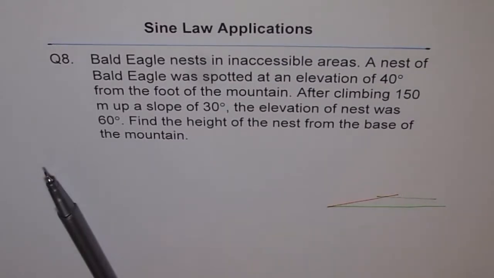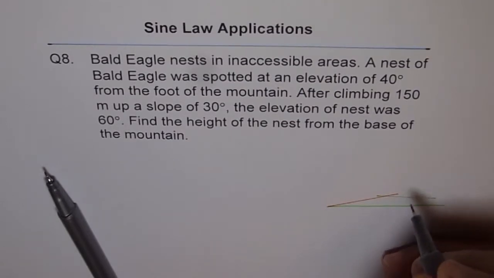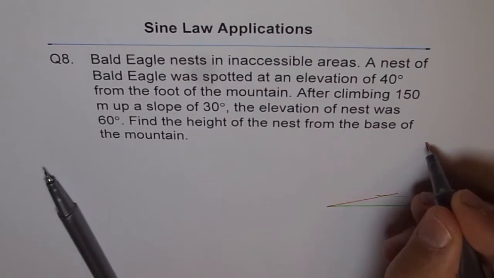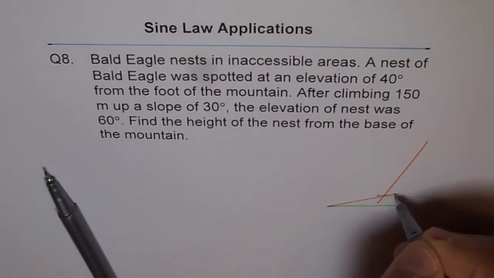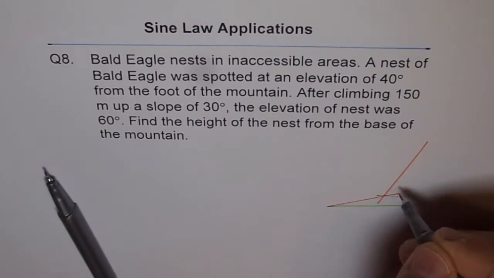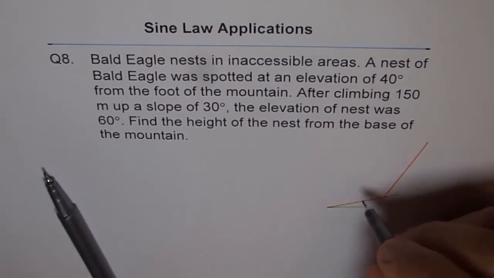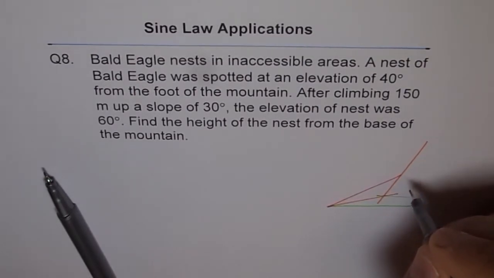So from here, the angle of elevation was 60 degrees. And initially, the angle of elevation is 40 degrees. So let me draw the initial angle of elevation of 40 degrees. This was 30 degrees, and let's say this is our 40 degrees.